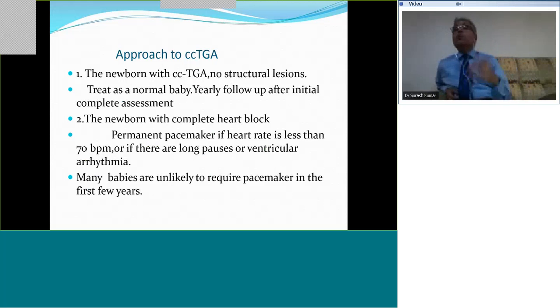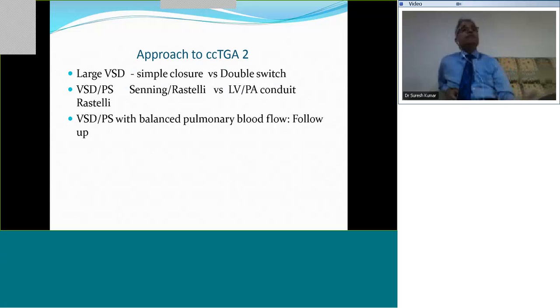Quite often, electrophysiologists tend to overlook this. Even if the rate is 60, if the child is normal, they may observe for a period before giving the child a pacemaker to avoid pacemaker in the neonatal period. And many babies with complete heart block are unlikely to require a pacemaker in the first few years. But the standard recommendation is 70 per minute.